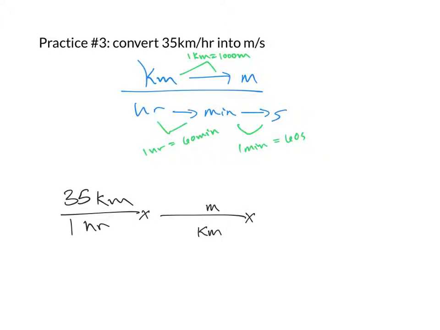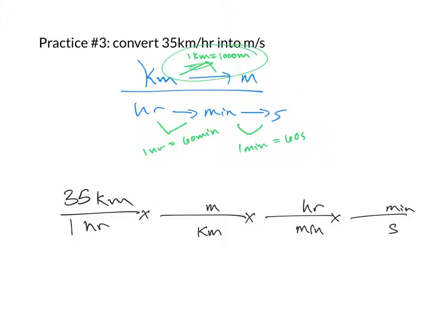To continue canceling units, we're going to want to get rid of hours from the denominator. So this time hours needs to go in the numerator. And our only conversion is from hours to minutes. And then we have minutes to seconds. So minutes will go here and seconds will go here. So from here, we take our values and put them in the places where they need to go.